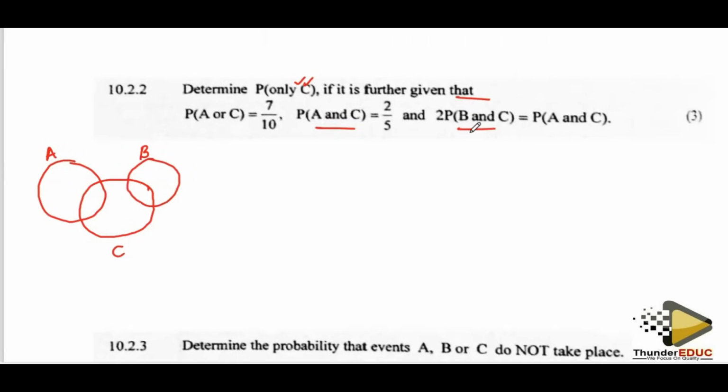Okay, so remember, they told us that the probability of A was 2 over 5. So all of this is 2 over 5. Then the probability of B is 1 over 4. And then you just need to see.